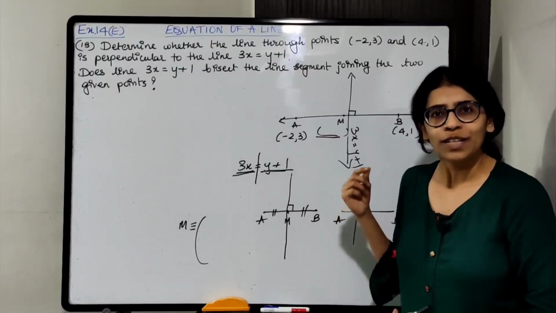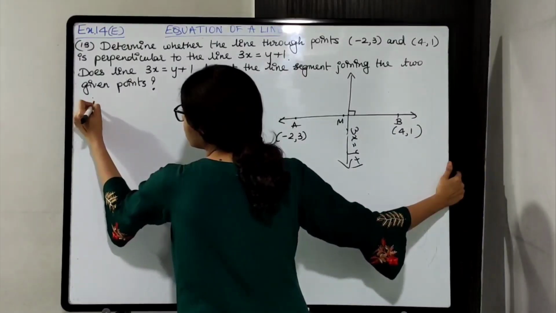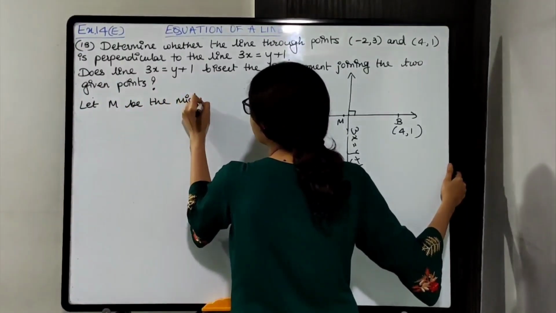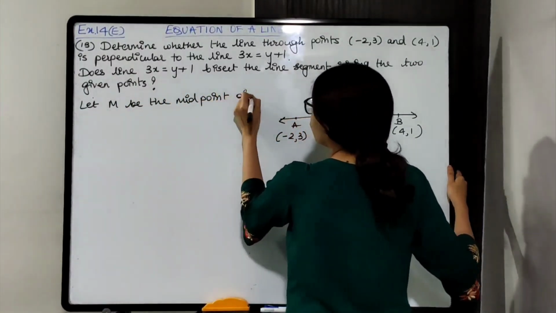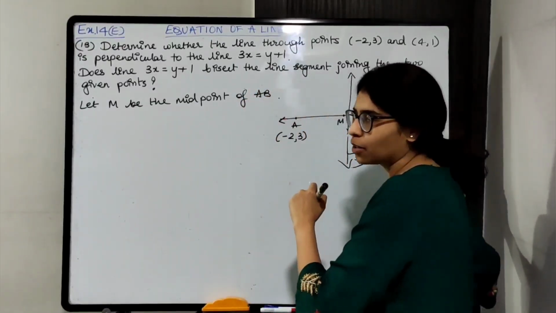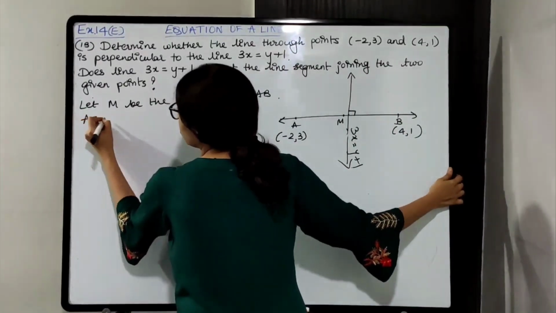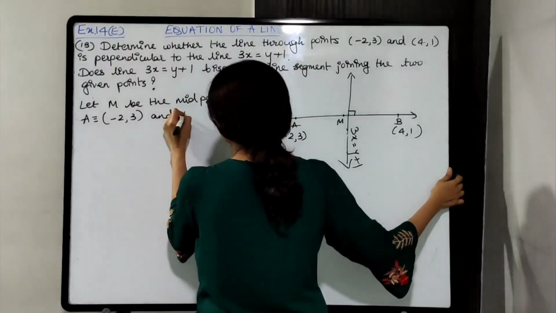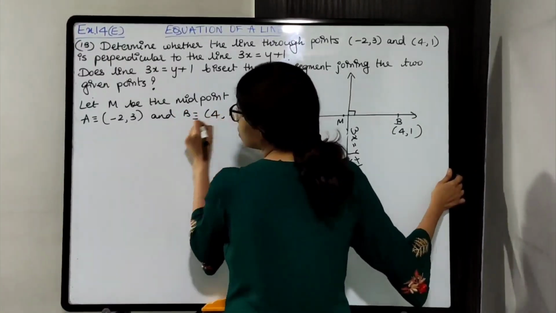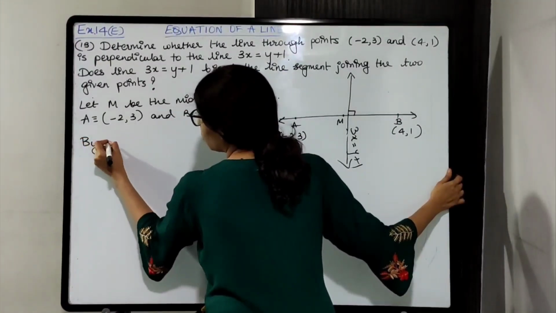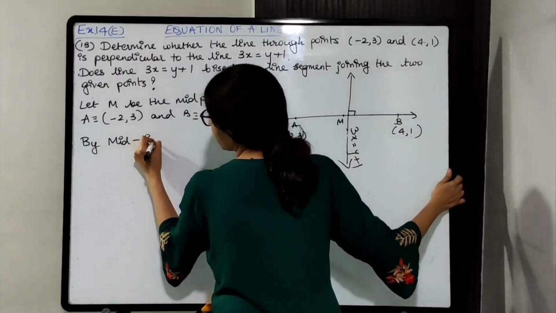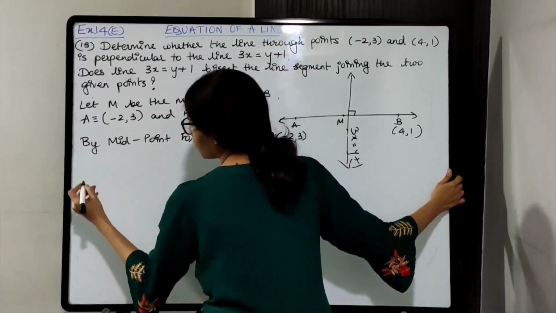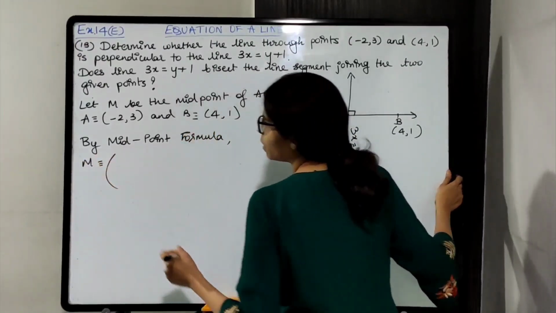Okay, so now let us solve. So let M be the midpoint of AB. Okay, A का coordinates लिख लो and B का coordinates लिख लो. A is -2, 3 and B is 4, 1. So by midpoint formula, M का coordinates क्या होगा?